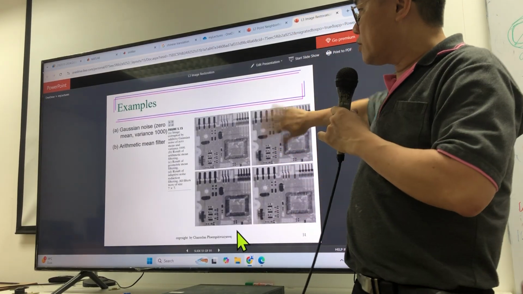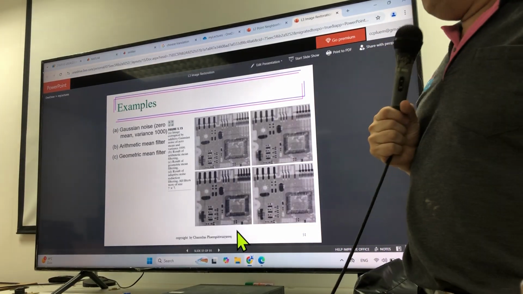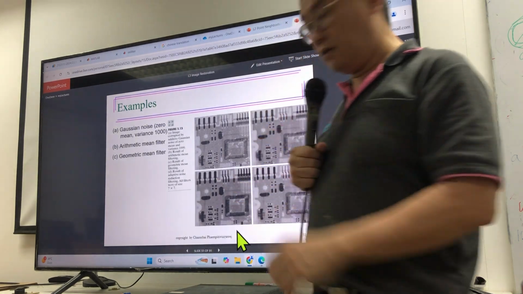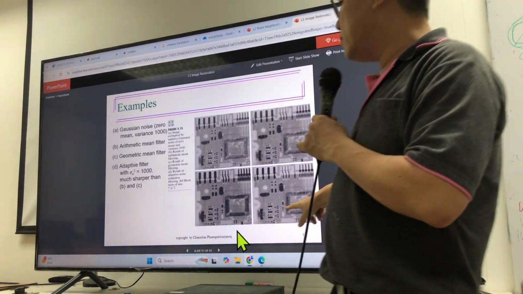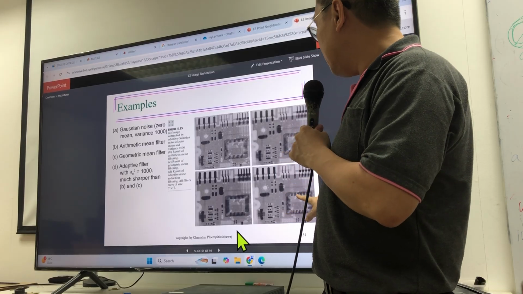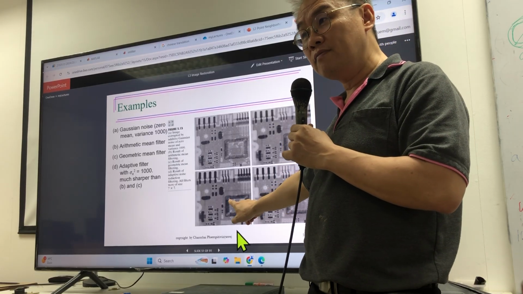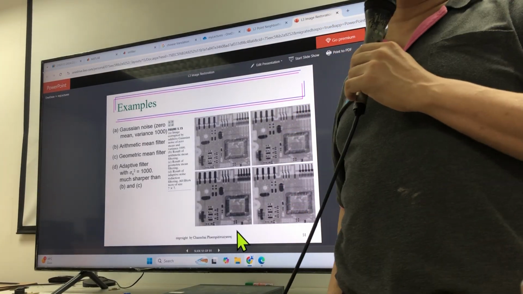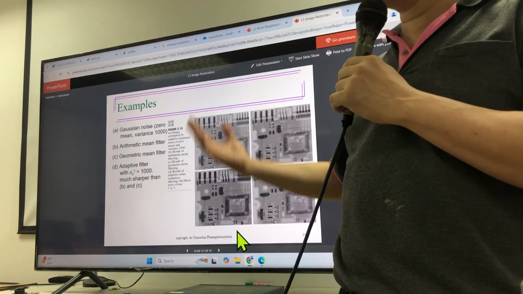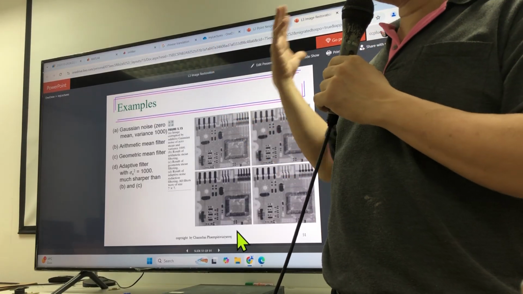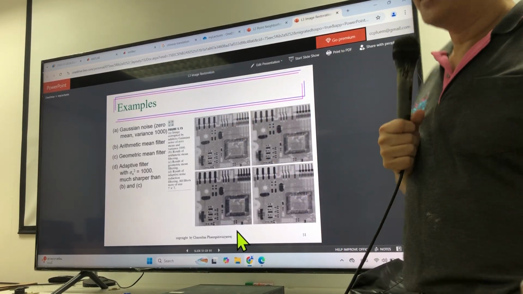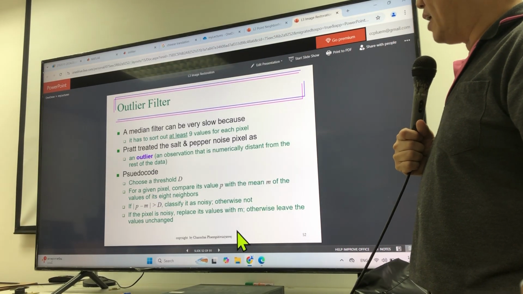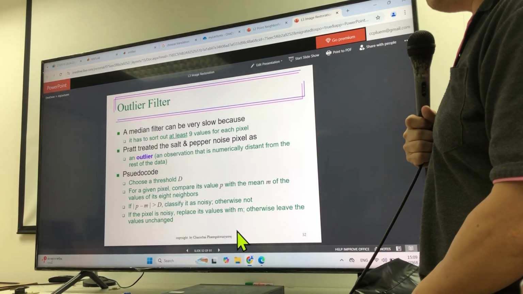You can see most of it is blurred. Passed through the geometric mean filter, it got darker. However, when you pass it through the adaptive mean filter, it got much better than the two. That's all it takes. Is it too difficult? If you were asked to design a filter that gives the best result for an image, you could think of it yourself.